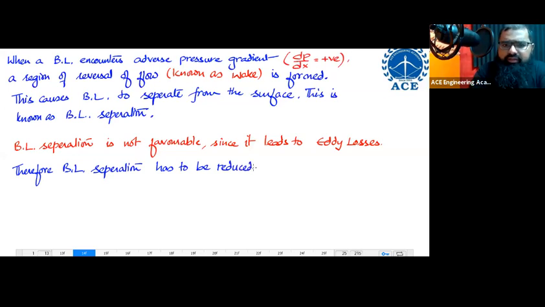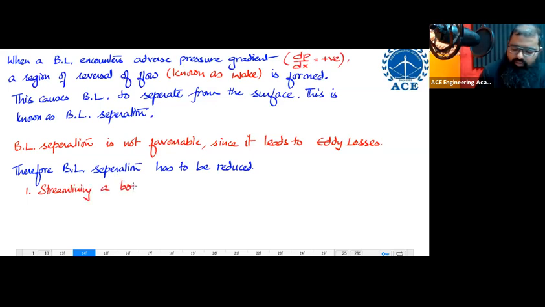There are many methods. Okay, I'll tell you about two methods particularly. After that, I'll show you some diagrams. First two methods. Reduction of boundary layer separation is done by the first method, that is streamlining a body.